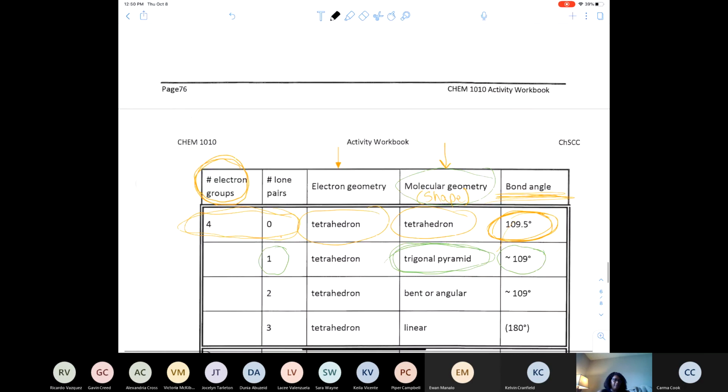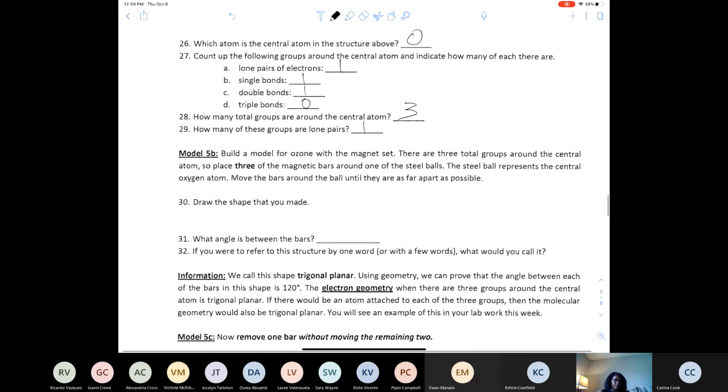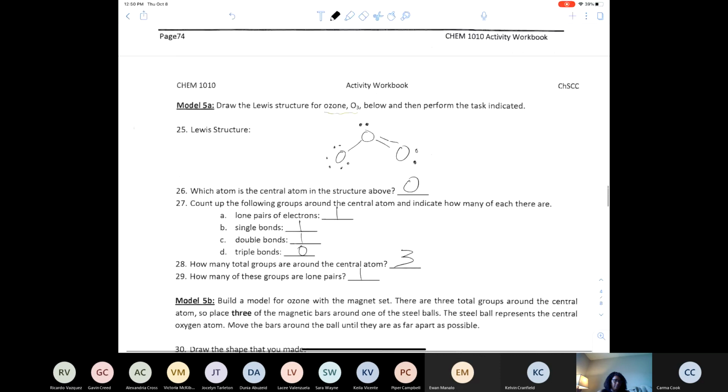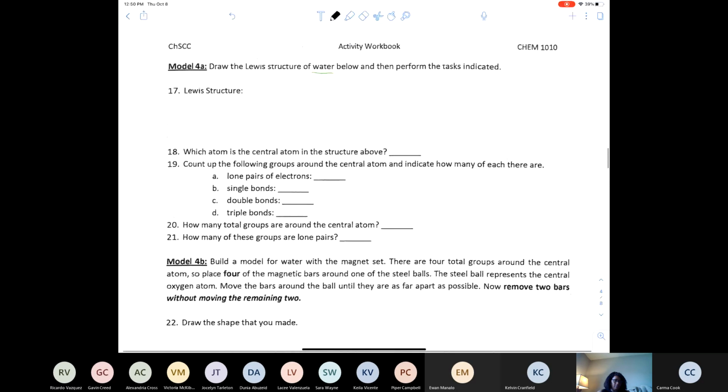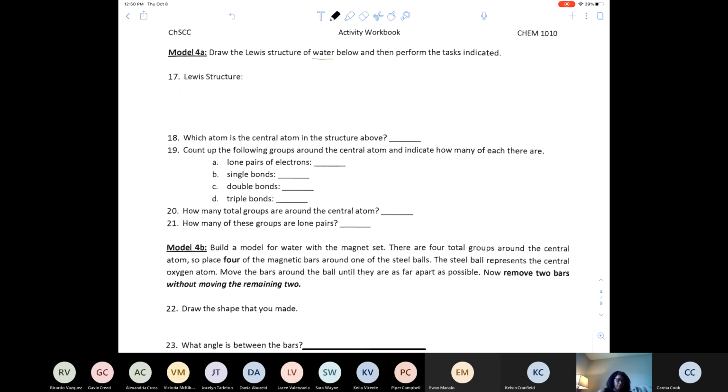On the other hand, for water, your Lewis structure of water should look like this. We've got an oxygen central atom. We've got 2 lone pairs on that central oxygen atom, 2 single bonds, no doubles and no triples.